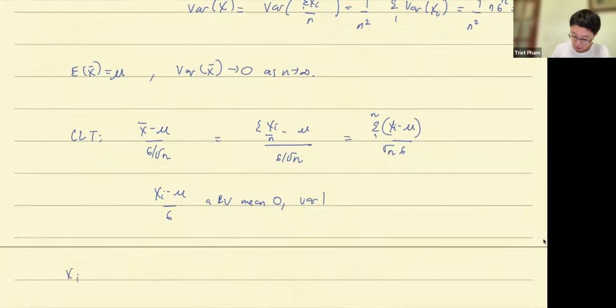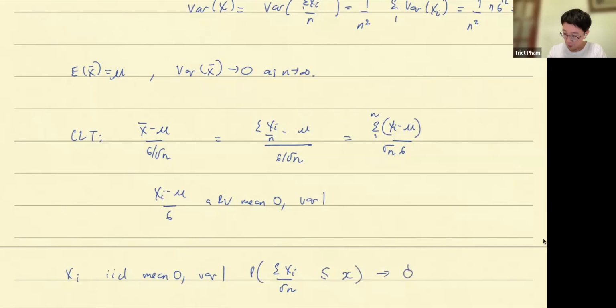Let xi be iid with mean 0 and variance 1. So I throw away the mu and sigma squared because they are just a scale version. Then the probability that the sum of xi over root n is less than or equal to x converges to the standard normal as n goes to infinity. So that's one simplification.